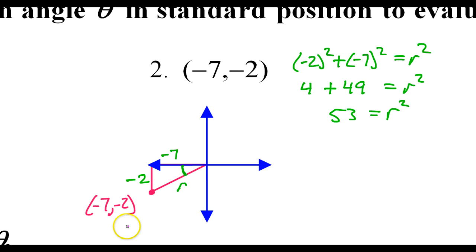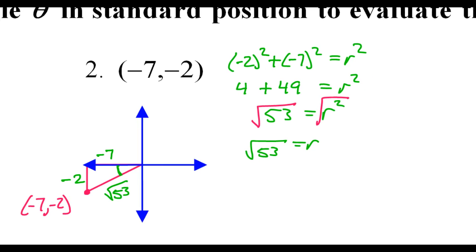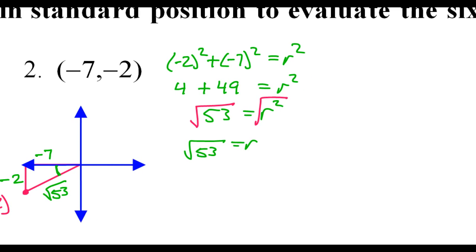And that is looking very non-square rootable. So the radius is going to simply be the square root of 53. So let's get that into the game. For your radius, that's always going to be positive: square root of 53. Now we can go ahead and do all the trig functions.